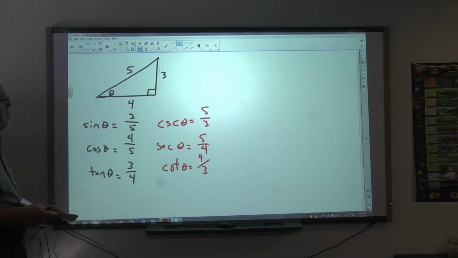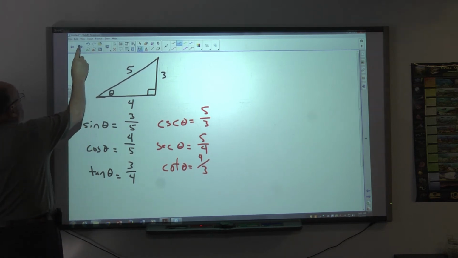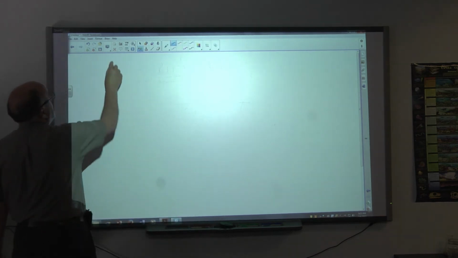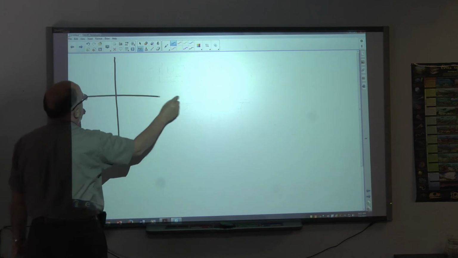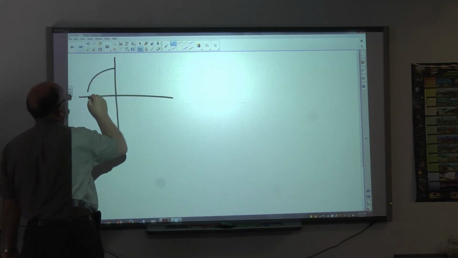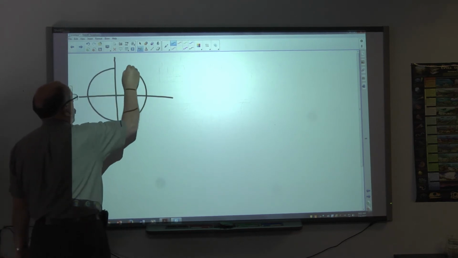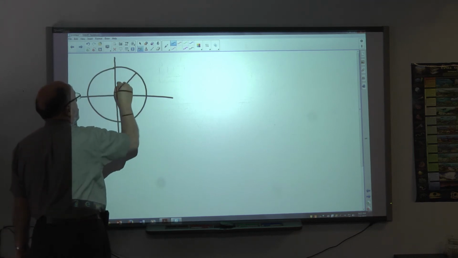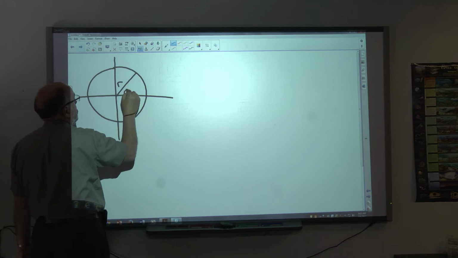So we have our trig functions in terms of a right triangle. We can also rewrite this in terms of what happens on a circle. So if I have a circle, here is my r, here is my theta.